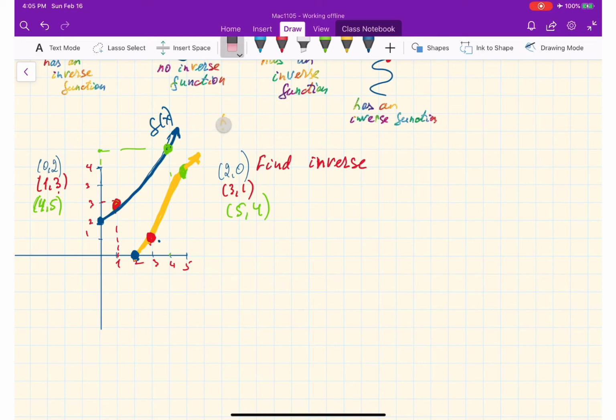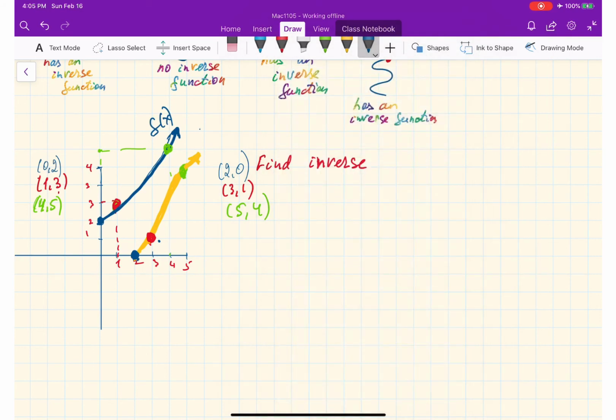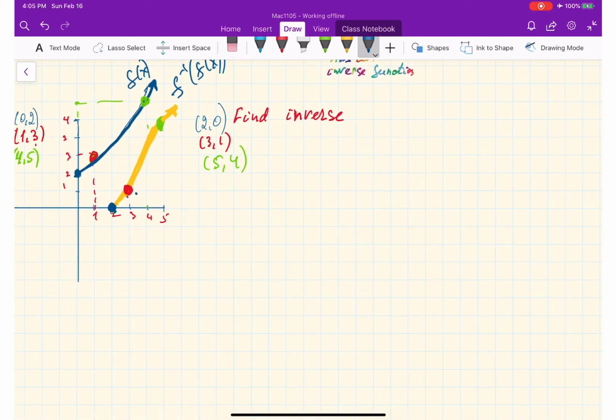Hold on. Let me use blue color so it will look better. F of negative 1, f of x. Okay. Next one. Let me write down coordinates. So 1 is going to be negative 3, negative 2.